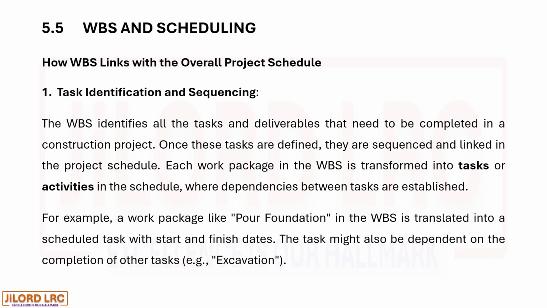For example, a work package like pour foundation in the WBS is translated into a scheduled task with start and finish dates. The task might also be dependent on the completion of other tasks, for example, excavation.